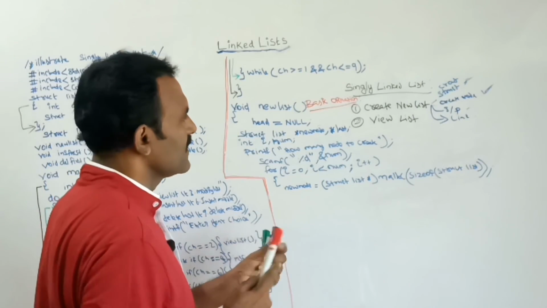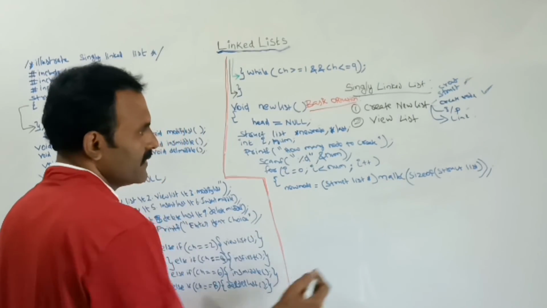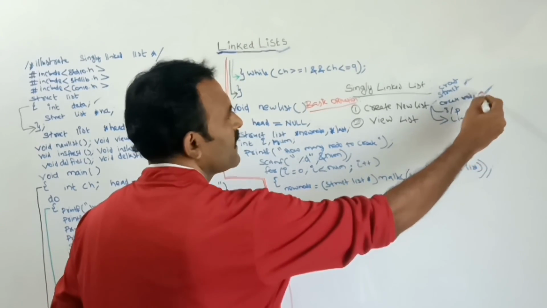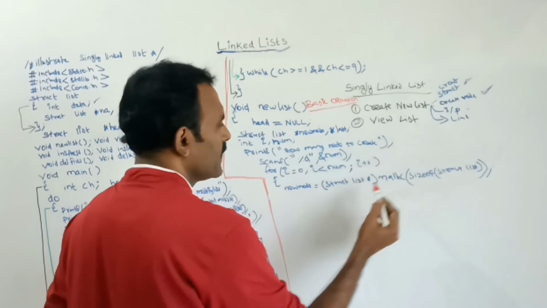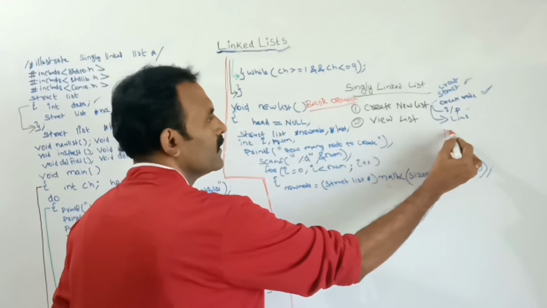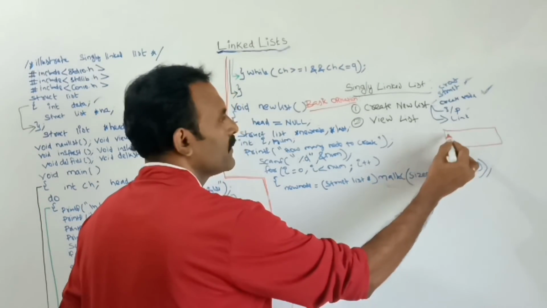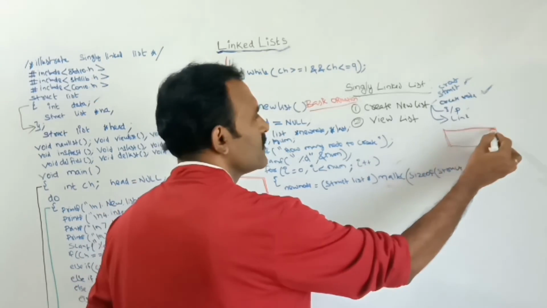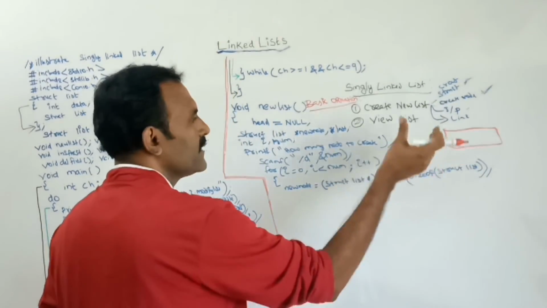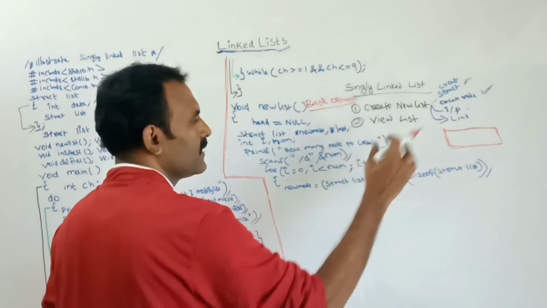During this step, the node is created. See, first I had created the node. For example, with the help of this malloc function I am creating the node. Depending upon the structure, the total size will be allocated. After creating each and every memory, it has a unique address.